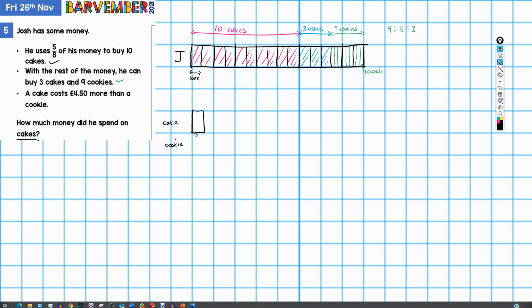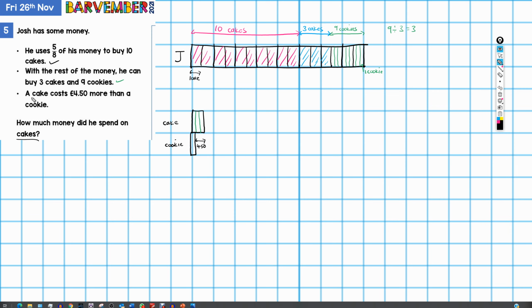I'm going to subdivide this one, so this is a cake-sized part divided into cookie-sized parts. That represents the money needed for a cookie, and the difference is £4.50, which is these 2 parts, the money needed for 2 cookies.